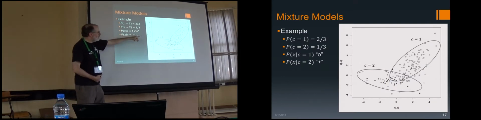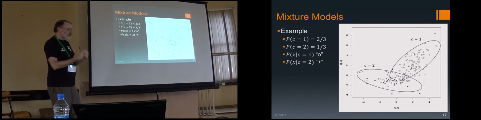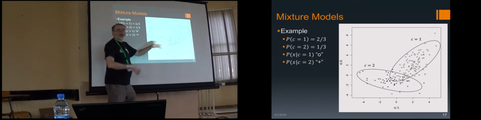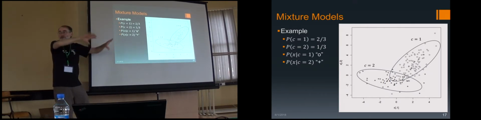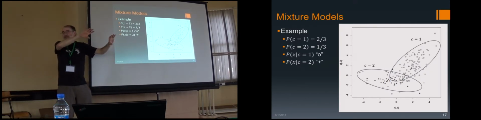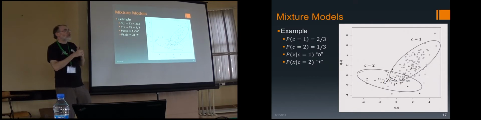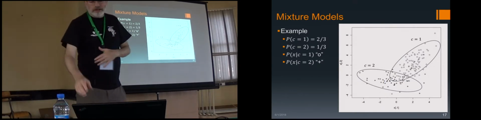The cluster 1 points are the circles, and the cluster 2 points are the little pluses. But of course, when we get the data, we don't know which ones are the pluses and which ones are the circles. It's just a bunch of points, and it has a sort of U-shaped or banana-shaped distribution. That's non-Gaussian, right?